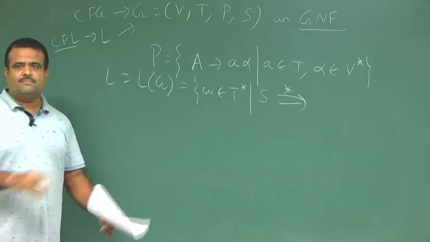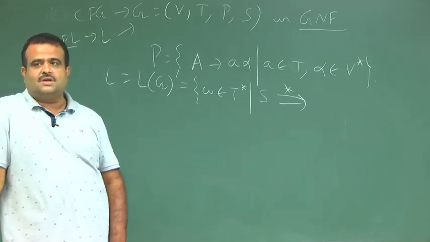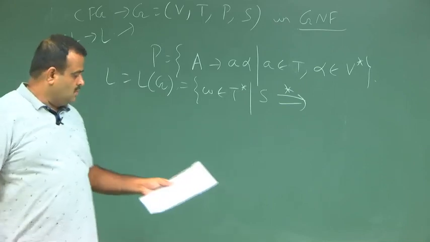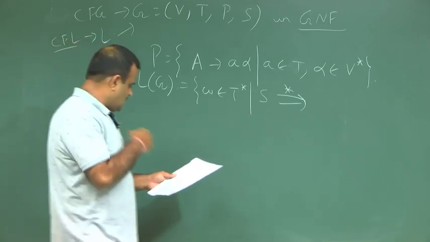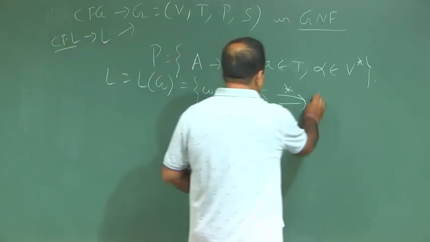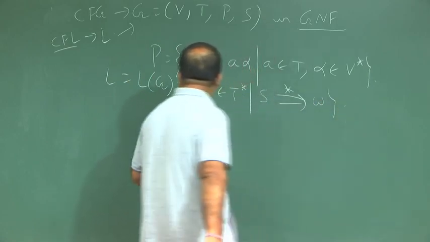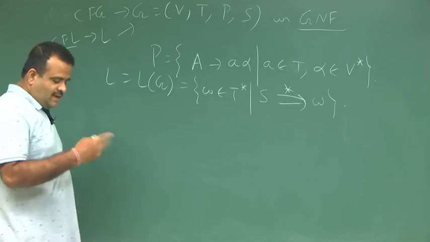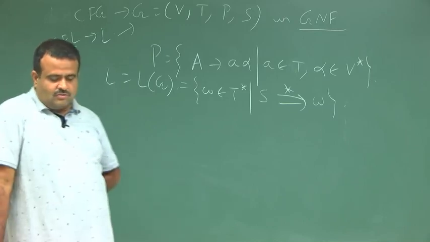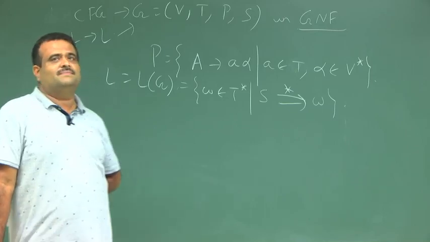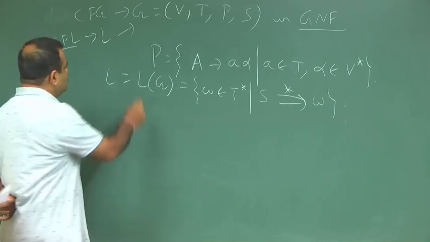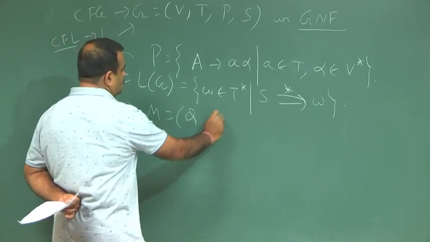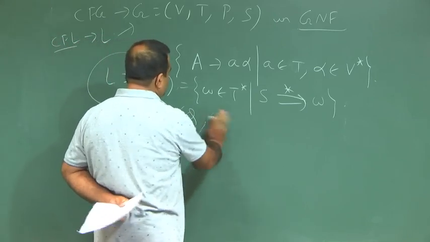If you recall leftmost derivation and rightmost derivation, here we will use the leftmost derivation. Now we want to generate a PDA, pushdown automaton, which will accept the same L. So from this we want to generate a PDA which is (Q, sigma, ...), where sigma will be T here.